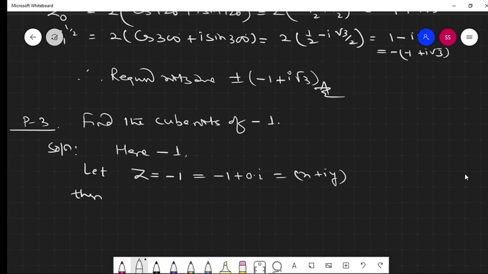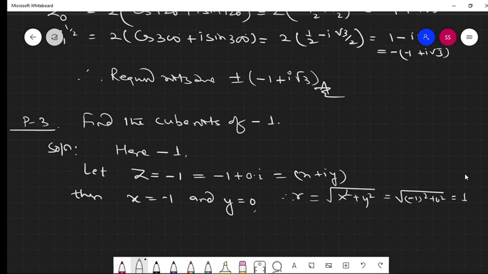Then comparing this, x is minus 1 and y equal to 0, therefore r equal root under x square plus y square equal minus 1 square plus 0 square equal to 1.